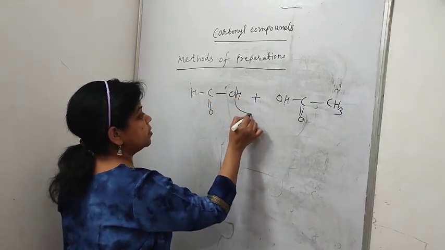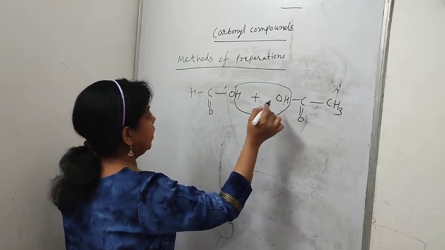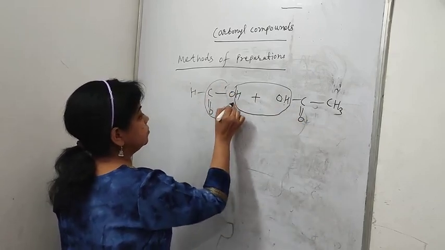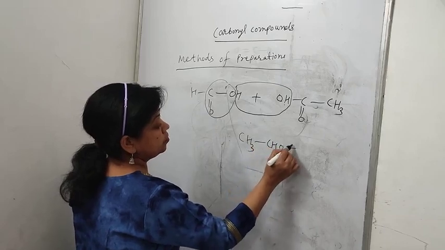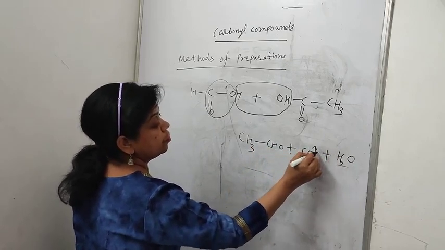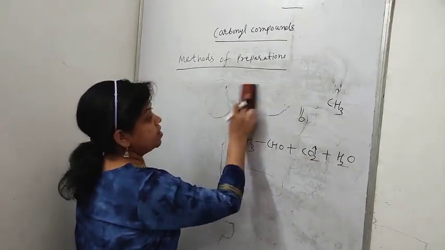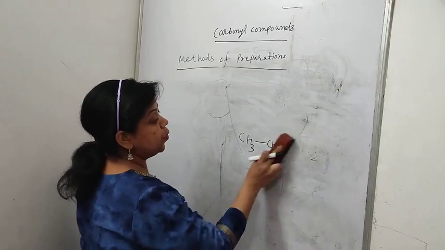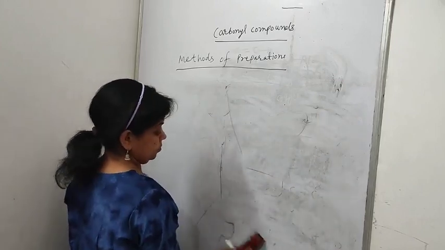What will happen in this case? You will be able to get acetaldehyde, carbon dioxide, and so by fatty acids we can prepare both aldehydes as well as ketones.